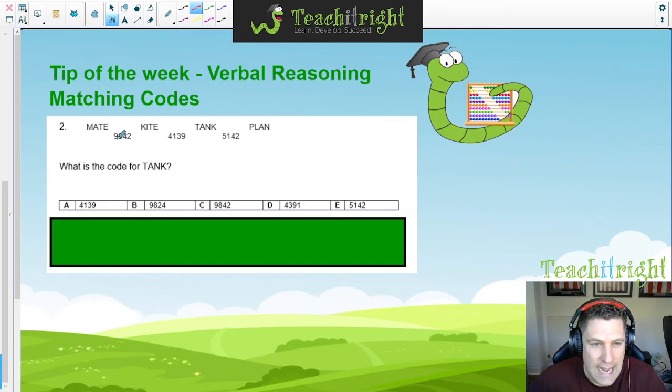Now if we look very carefully at the codes, for example, we can see that there's a 1 in the second position. So if we have a look at our options, you'll notice that there's 2 A's, an A in tank in the second position, an A in mate in the second position. Whereas on the other 2, we have an I in kite and an L in plan.